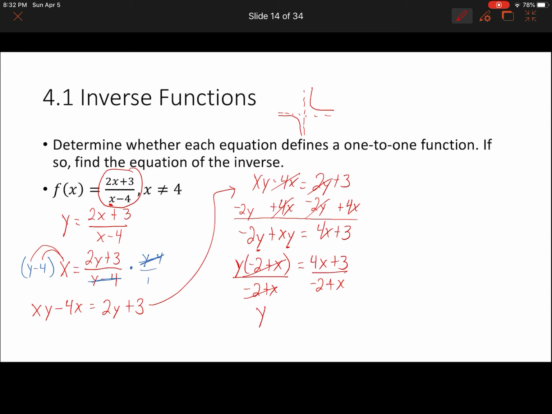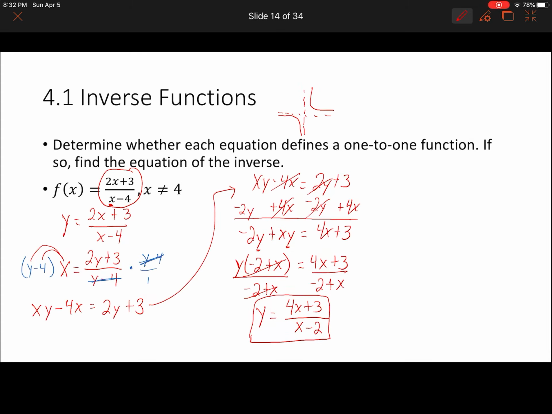So that's what we wanted to happen. And so it does leave us with y. And on the right-hand side, we've got 4x plus 3 over, I'm going to write it as x minus 2. You can do negative 2 plus x, but I'm going to write it as x minus 2. And there is the inverse of that original function.